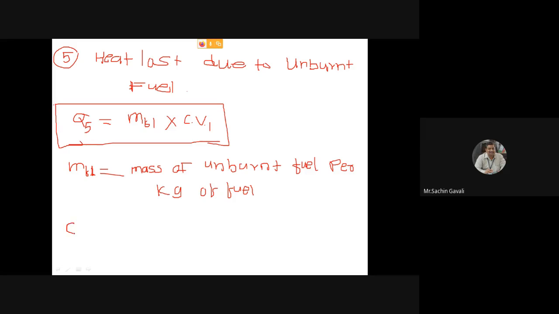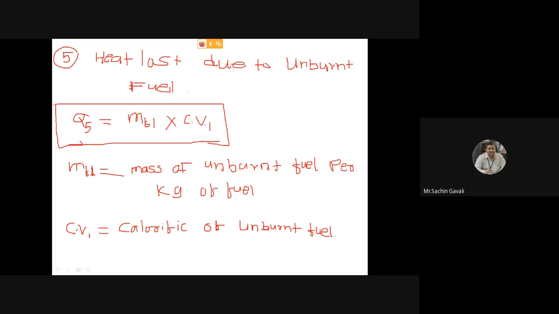And CV1 is equal to calorific value of unburnt fuel.